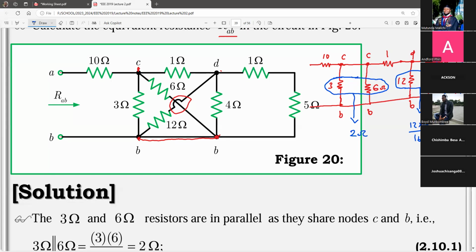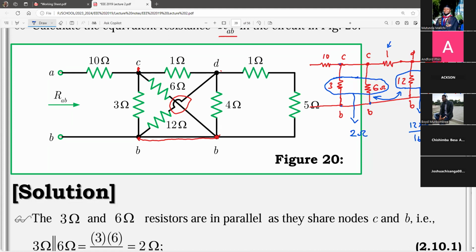One thing I need to tell you is that 6 and 12 are not in parallel. They are not in parallel because there is this 1 ohm that is sitting between C and D. The ones that we've considered to be in parallel are both connected to the same point, B and B, and C and C. But if someone was to say 6 and 12 are connected in parallel, I would be very surprised.